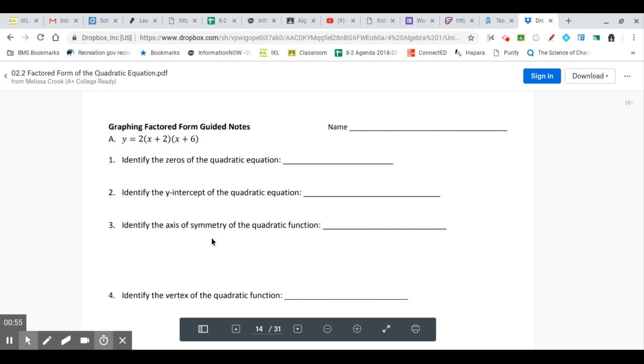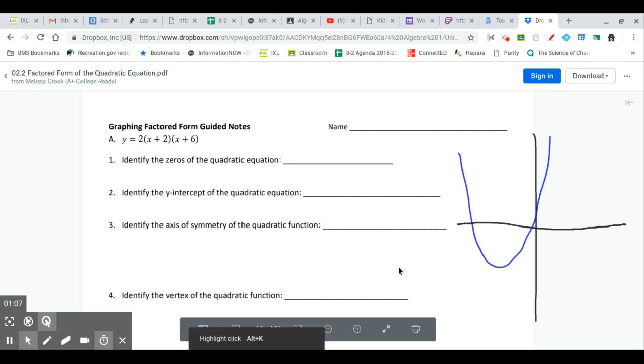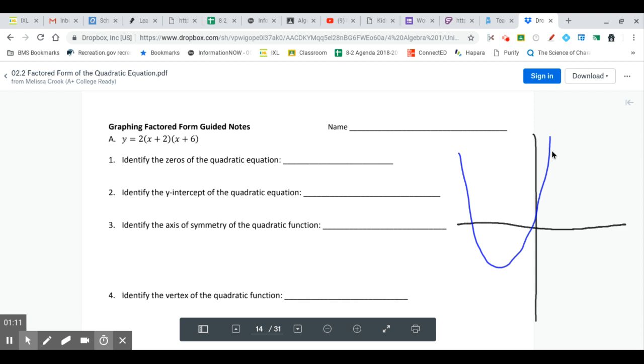The axis of symmetry. Okay, we talked about that yesterday on where that's located. So let's say this little sketch was the parabola. If I'm looking at a parabola, how would I know where the axis of symmetry is?